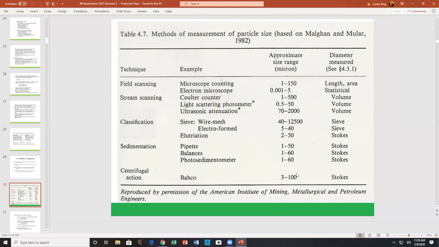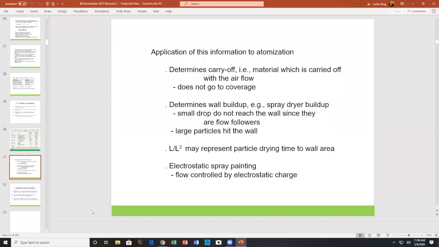So those are all in the world of the small regime. And then you have the larger ones, which would be the 12,000 microns, 500 microns. So you can see that the measurement that you use is actually indicative of the size.